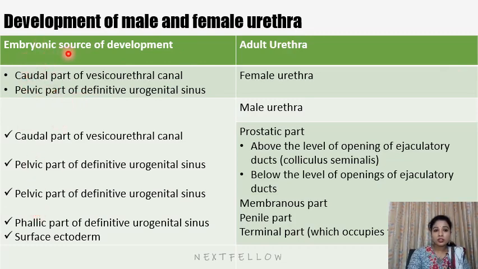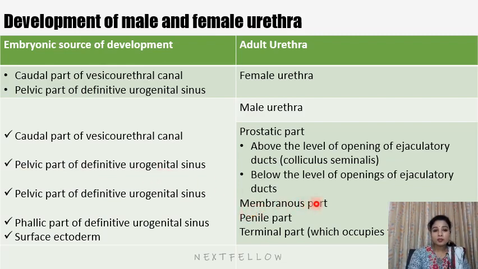Among the embryonic structures, the female urethra is formed from the caudal part of the vesicourethral canal or urogenital sinus, and the pelvic definitive part of the urogenital sinus. In the male urethra, the caudal part of the vesicourethral canal forms the prostatic part above the openings of the ejaculatory ducts. Below the openings of the ejaculatory ducts it is formed from the pelvic part of the definitive urogenital sinus.